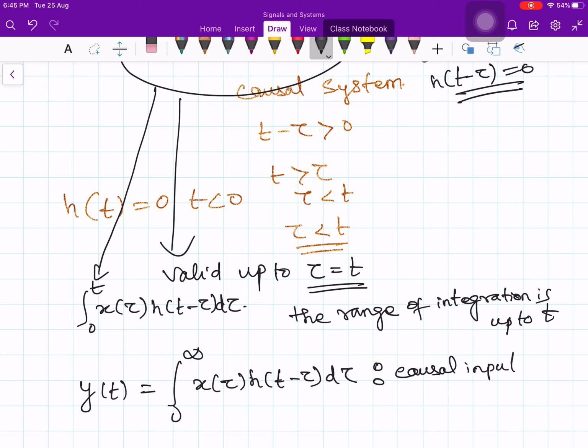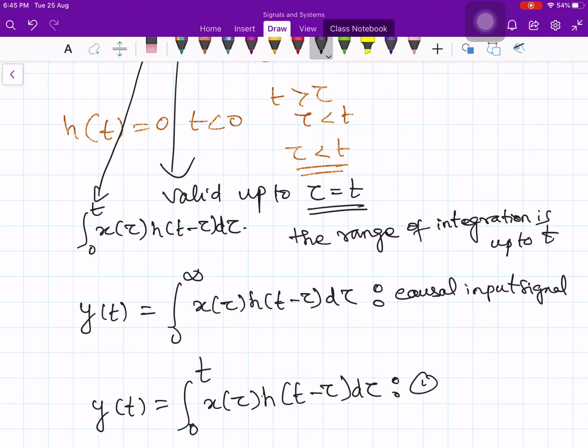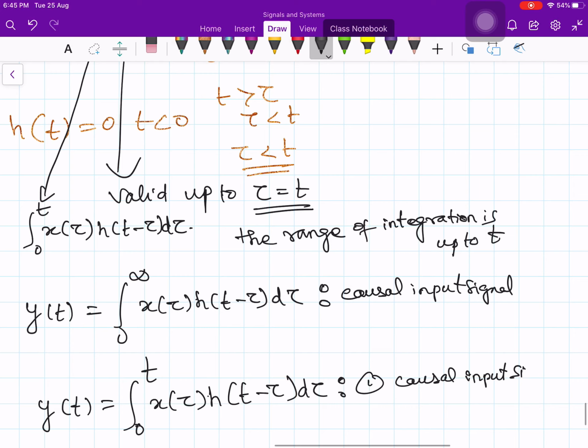Now y of t is equal to the integral from 0 to t of x of tau h of t minus tau d tau, if two conditions hold. The first condition is a causal input signal, and the second condition is a causal system.